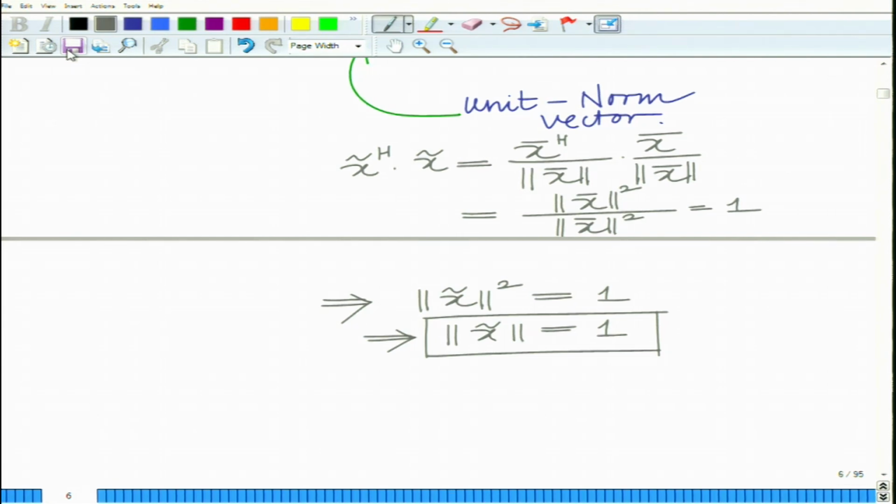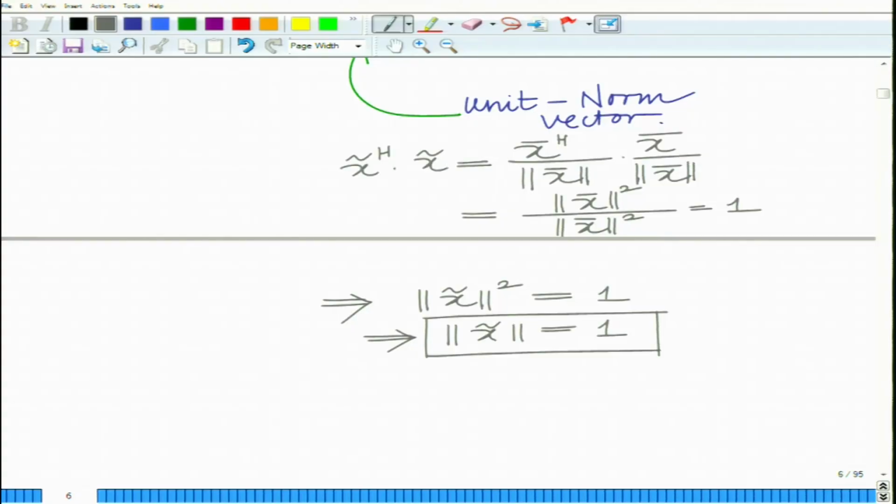If you think of this n dimensional vector x bar as representing a particular direction in n dimensional space, the unit norm vector points in that same direction. So, x bar and x tilde are both aligned, except that x tilde has norm equal to unity.